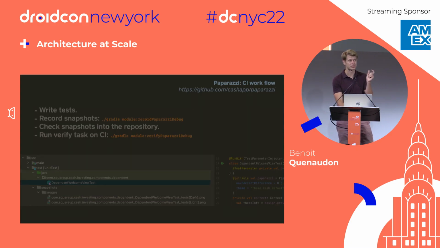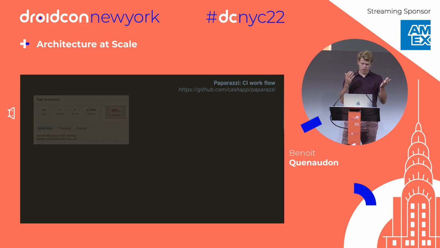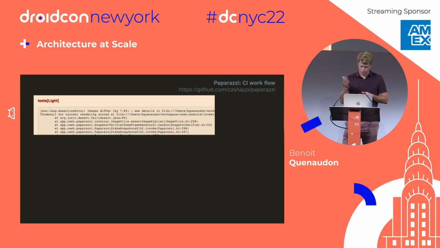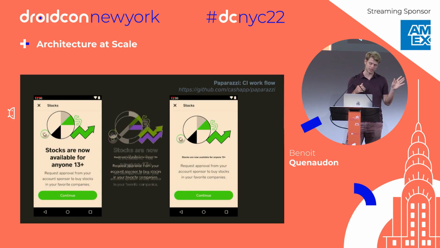If Paparazzi notices a difference, the test will fail, and it will say images differ by 7%. You can check the details in something, and this something is a diff image. You have the expected image, which is the one that you've checked in on GitHub or whatever.